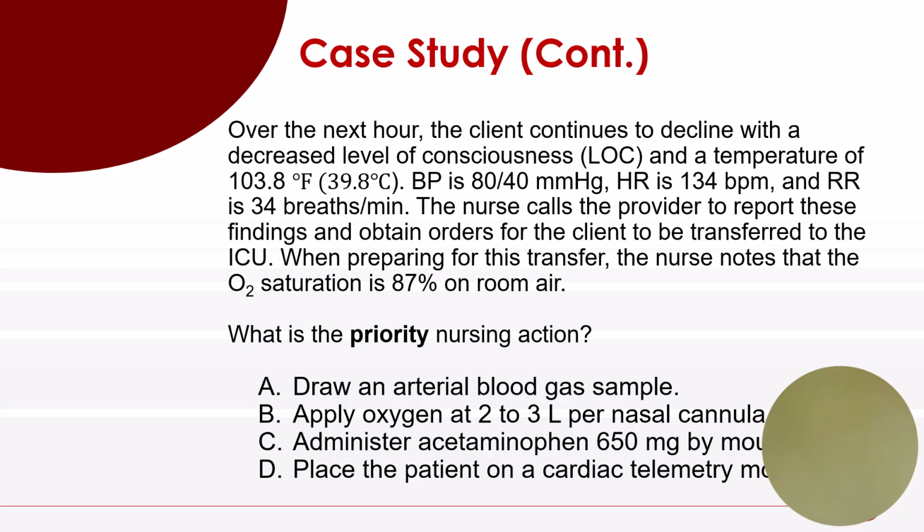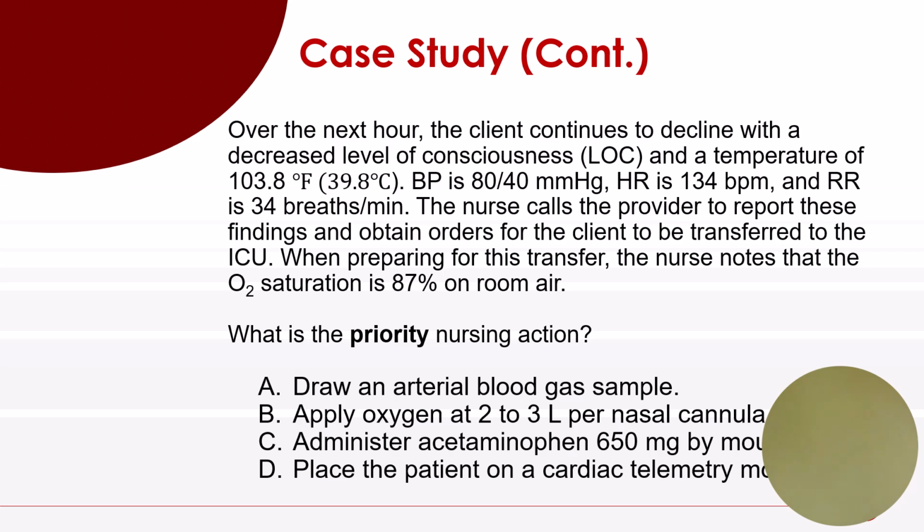So at any time during this situation, we can call rapid response team to help stabilize this client, even though we do have that order to transfer to ICU. Our blood pressure is 80/40, and that is pretty doggone low. So we may need to do some other interventions to help get them a little bit more stable prior to transport.